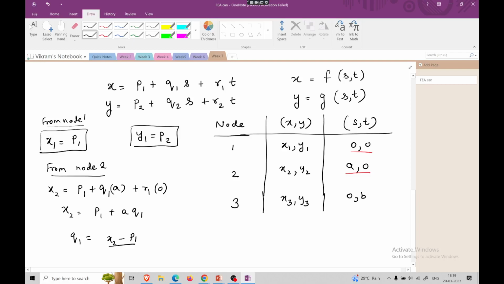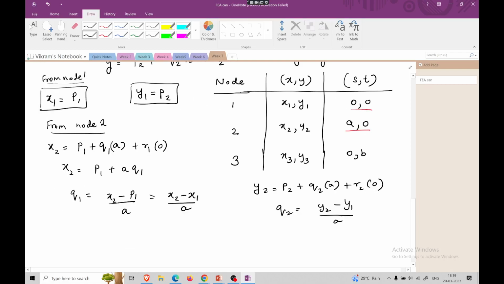Similarly for y2, if I substitute, y2 is equal to p2 plus q2 times a plus r2 times 0. So similarly I will get q2 equal to y2 minus y1 by a. It's very similar to this, because if I substitute p2 as equal to y1, I will get y2 minus y1 by a.